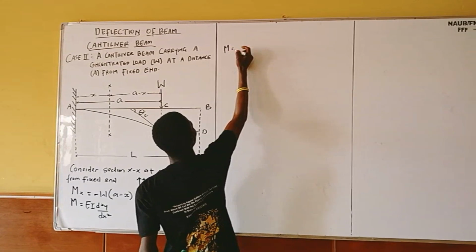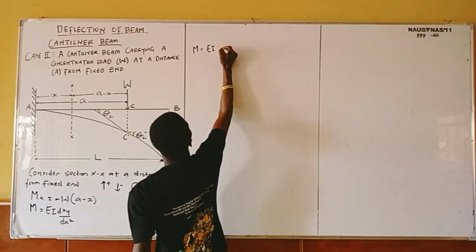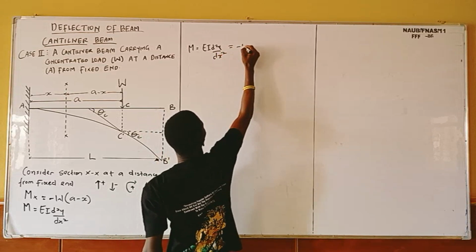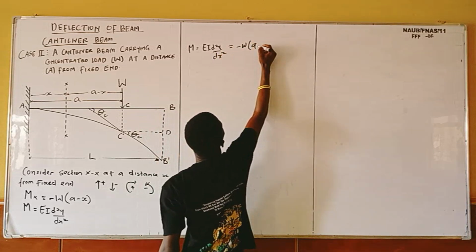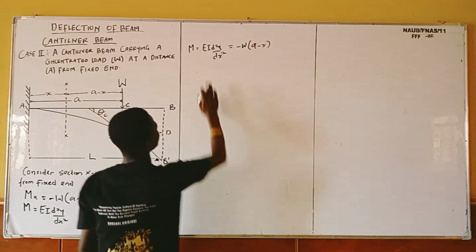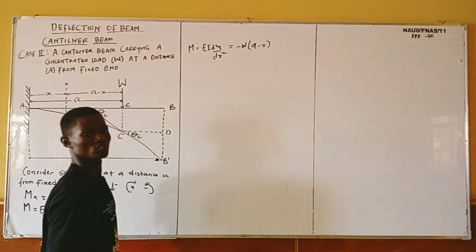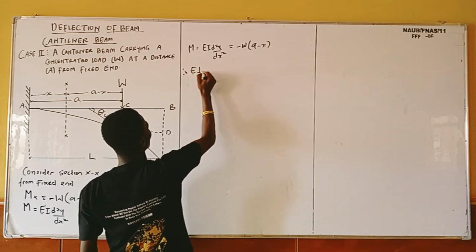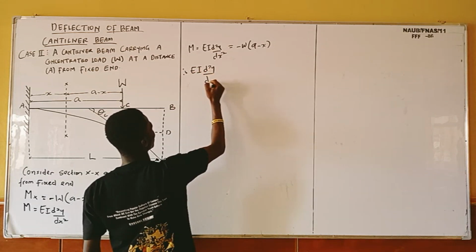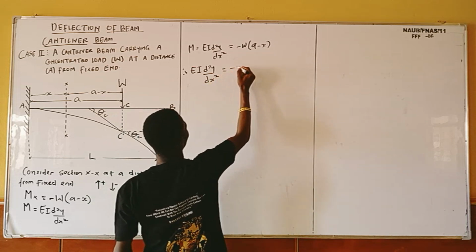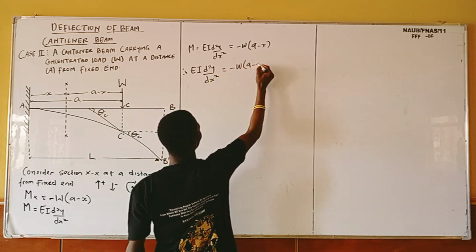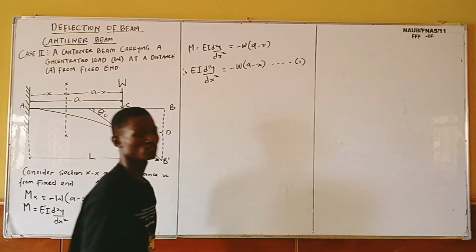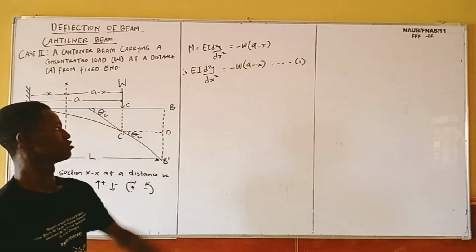So let me write it. Therefore, EI d²y over dx² equals minus W(A minus x), and let me label this Equation 1. I hope you understand how we get to this point.